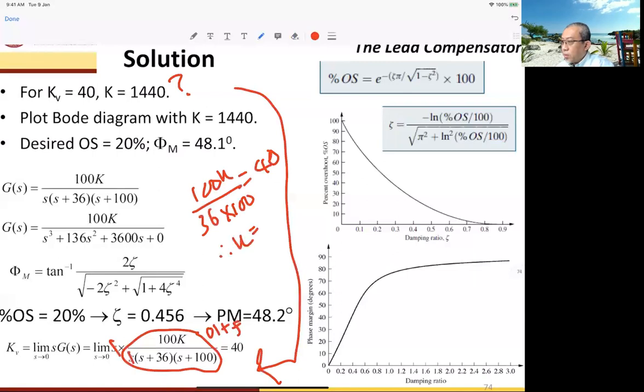Therefore K is equal to 36 multiplied by 40, so you will get K equal to 1440.